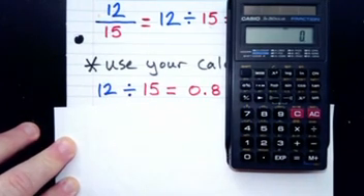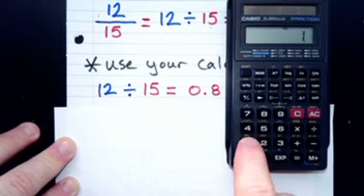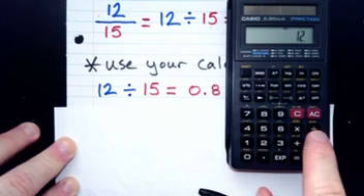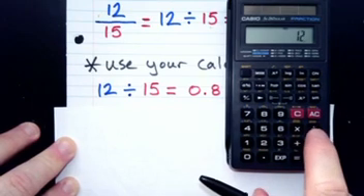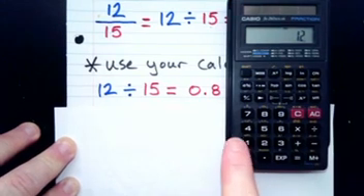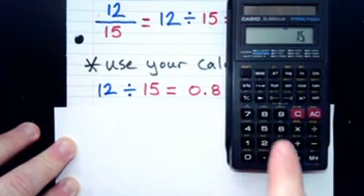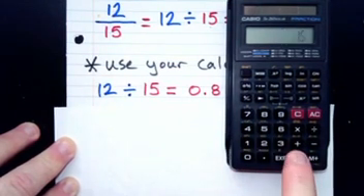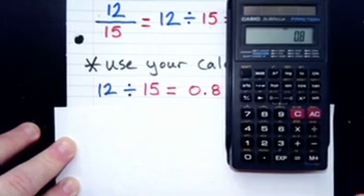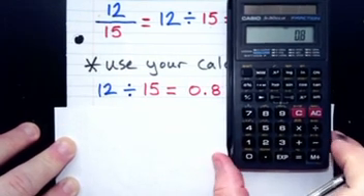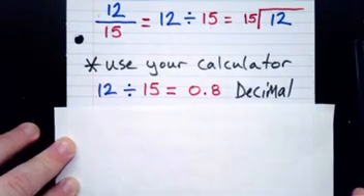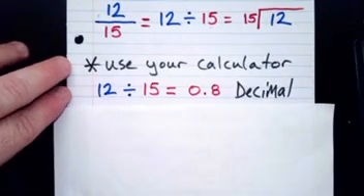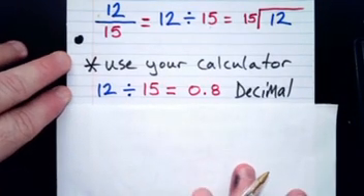I want to punch that into the calculator just like you see it. 12. Then the division symbol right here underneath the AC. Divided by the denominator, 15. You finish with that equal sign, and you can see 0.8. Now, that's how we're going to get our decimal answer with any fraction. Any fraction.